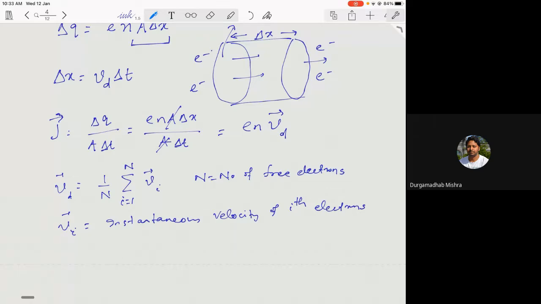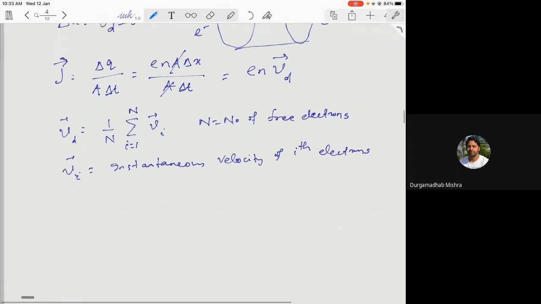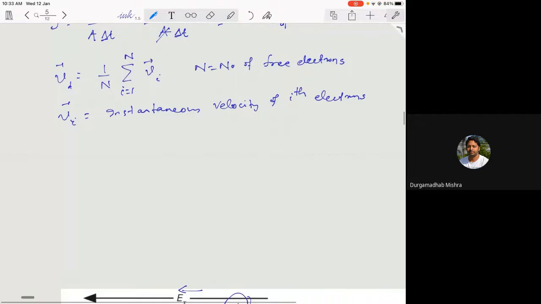Now, what is this Vi, the ith electron velocity? This is all based on classical physics. Consider what happens just after a collision or scattering has happened.